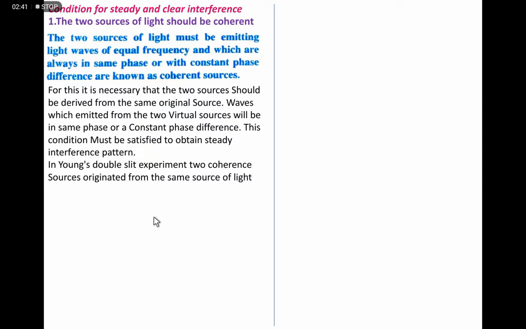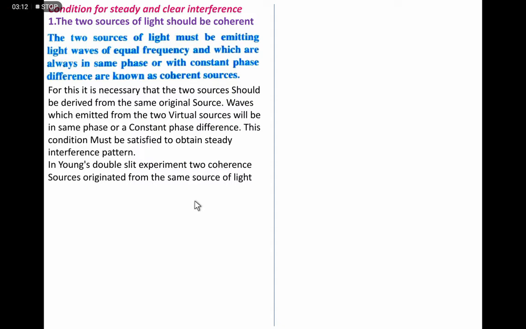As we learned in Young's double slit experiment, the two sources should be derived from the same original source. Waves emitted from the two virtual sources will be in the same phase or have a constant phase difference, as I said just now. This condition must be satisfied to obtain a steady interference pattern.